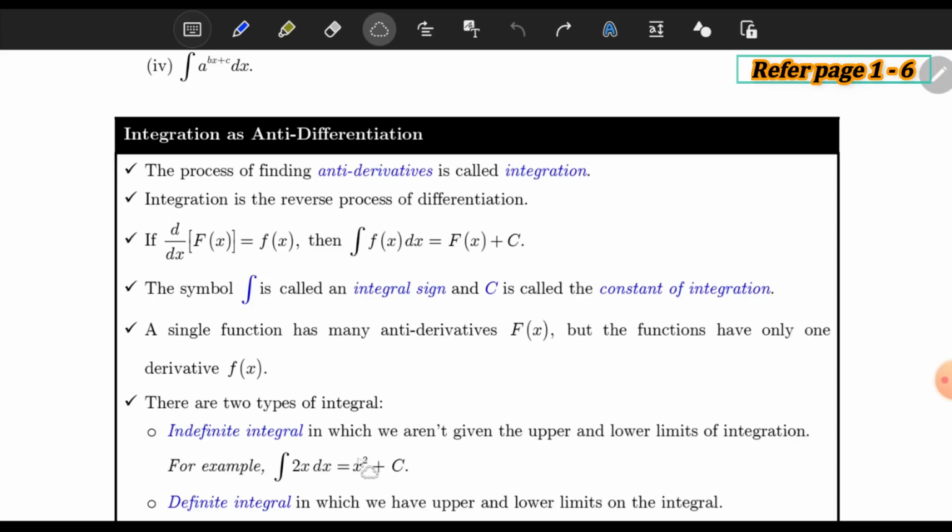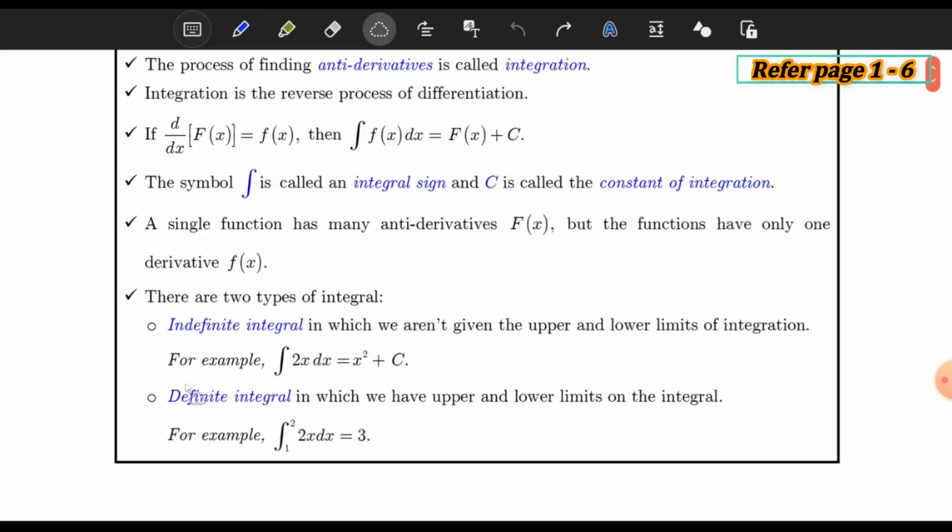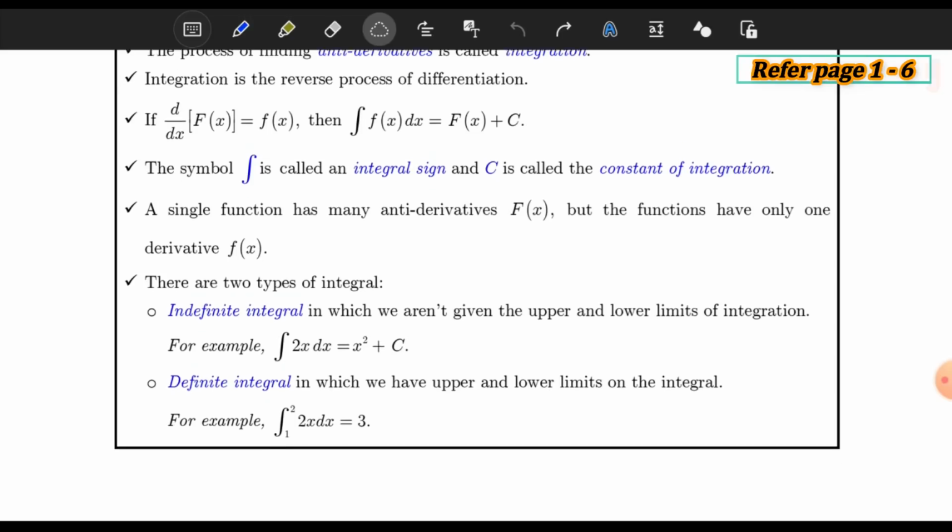Therefore, for the final answer, we have plus c, where c is the integral constant. The second one is definite integral, in which we have the upper and lower limits, and the final answer will be a number. No more c, the integral constant.